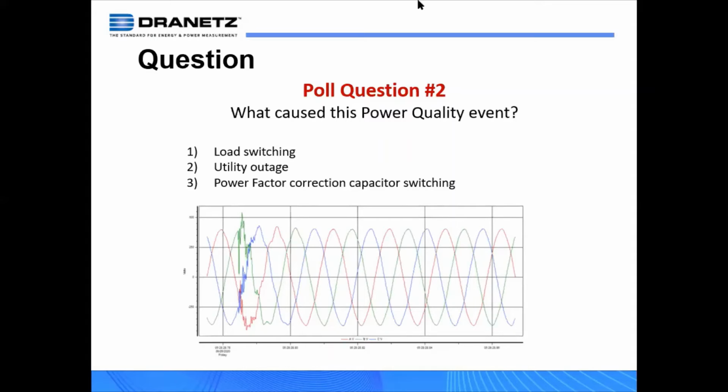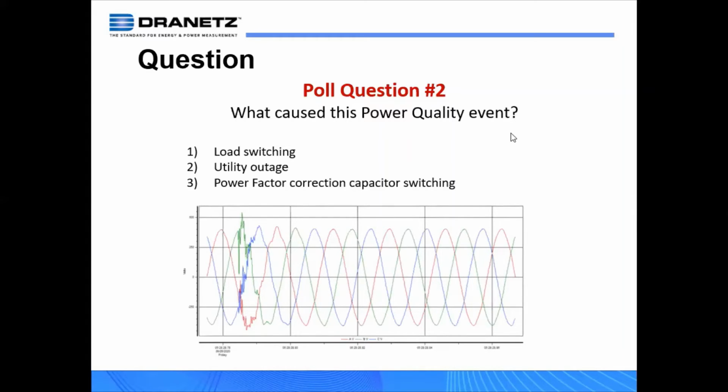All right. I think we've waited long enough, so let's see the results. So here's our results. Hopefully, can anybody see that? Let's share the results.